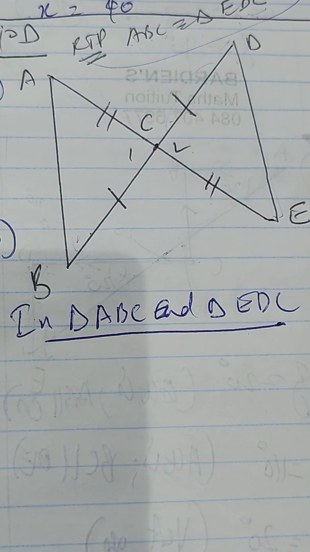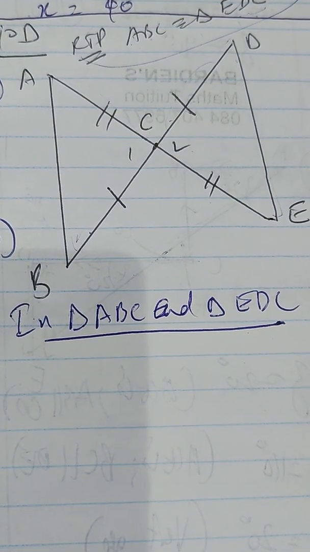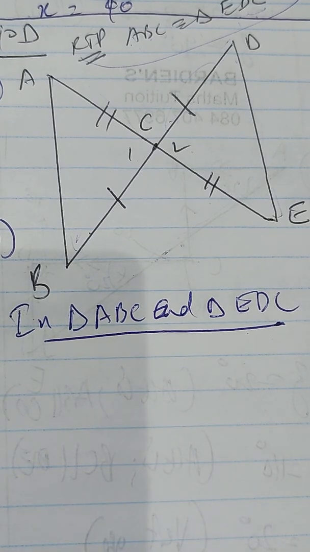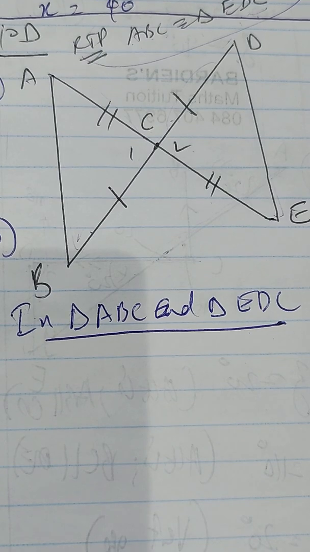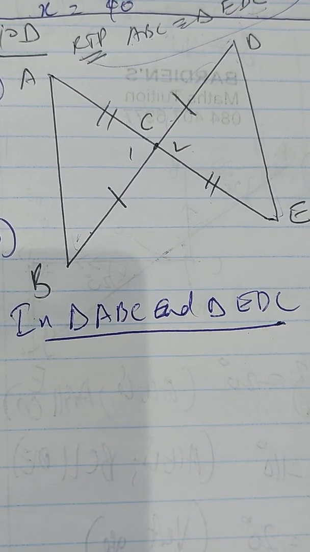That's why the order is important, because all the corresponding angles and all the corresponding sides are, of course, equal.